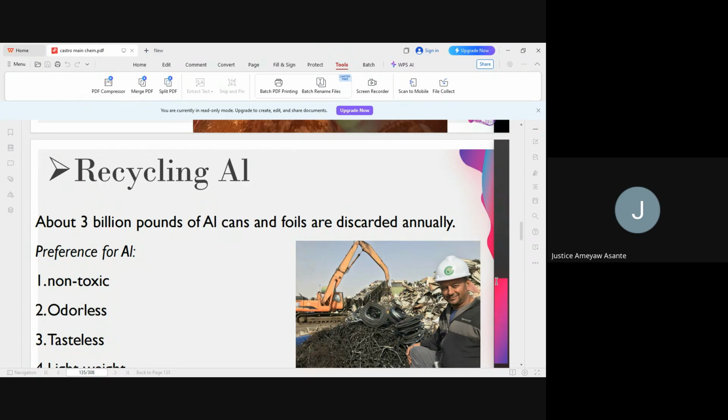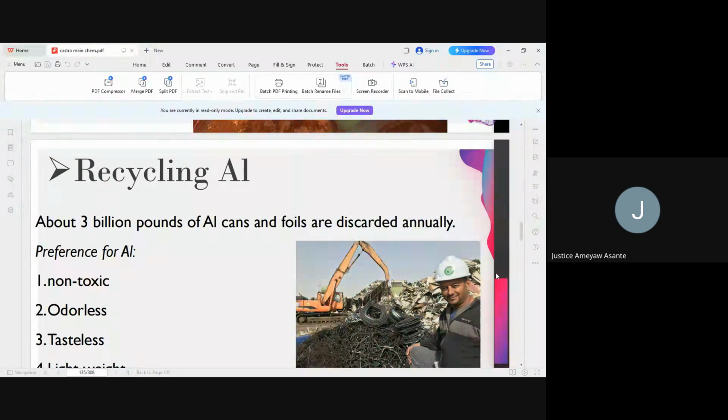Look at the aluminum cans. After you use them, what do you do with them? You throw them away. So we can recycle to get our aluminum back and use it again.